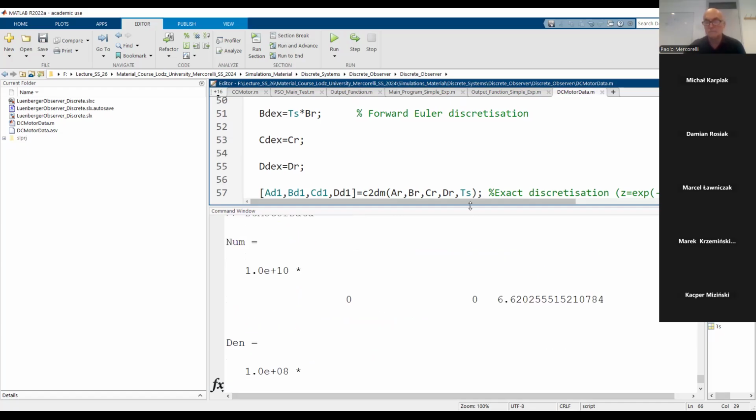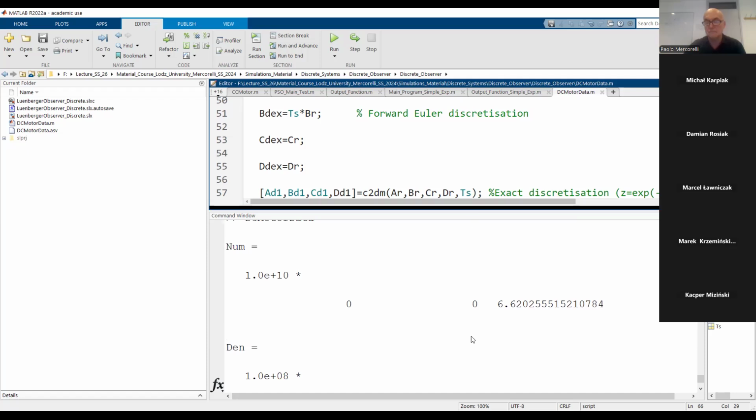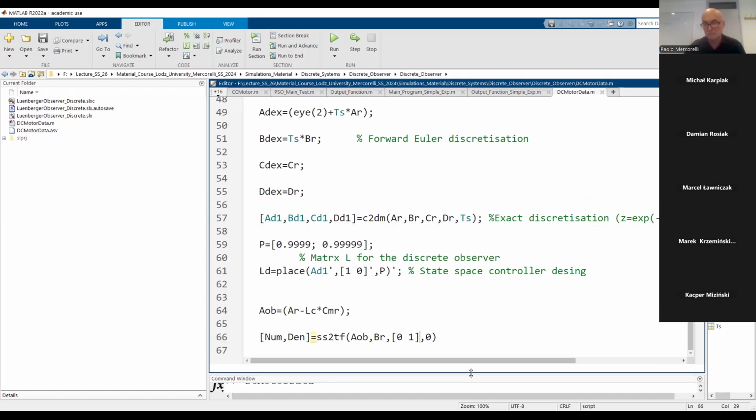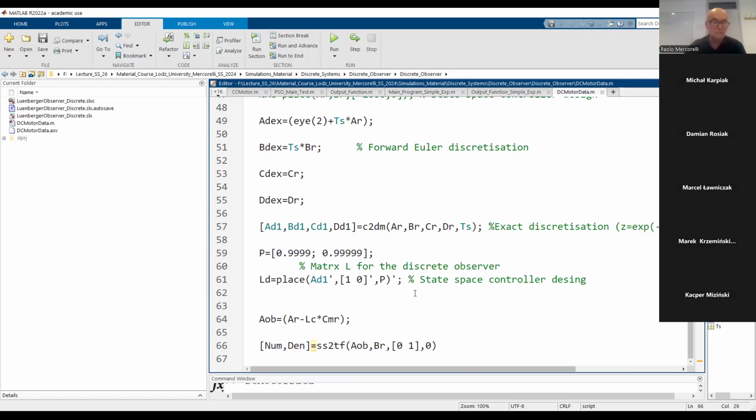Let me see where the AUB is correct, I think.